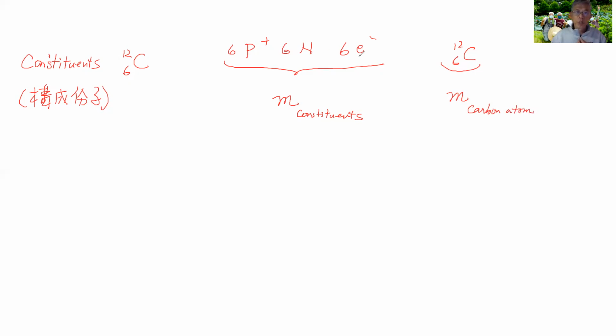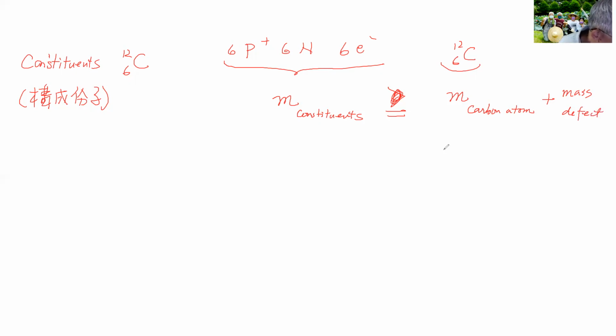So the constituents are going to have more mass than this one. So this one is larger than that, according to scientists. And the difference is that this one is going to be equal to the mass of carbon atom plus the mass defect. Okay? Right. So there's a difference there, right?